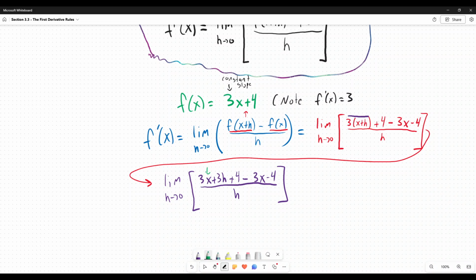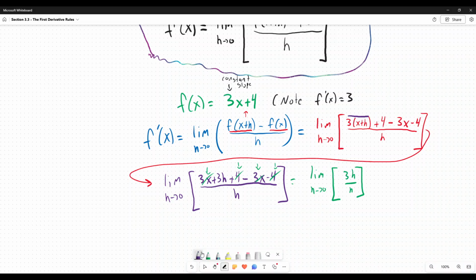Notice I have a 3x term minus 3x, gone, and I have a plus 4 term minus 4 term, gone. So, this leaves me with the limit as h approaches 0 of 3h over h.